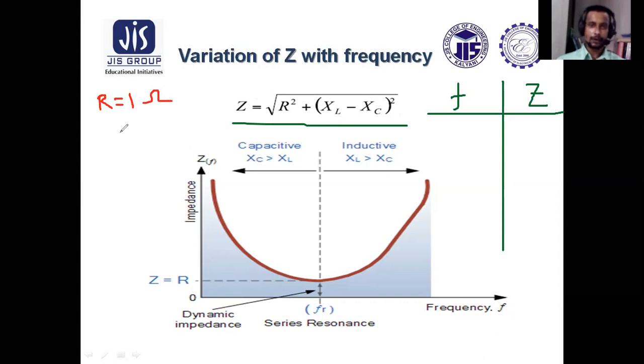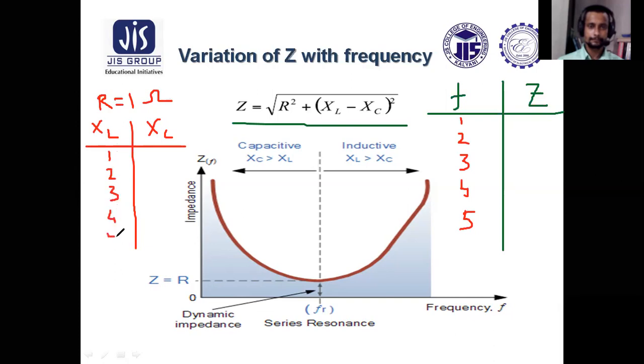So this is XL. Suppose with variation in frequency, this XL and XC vary like this.